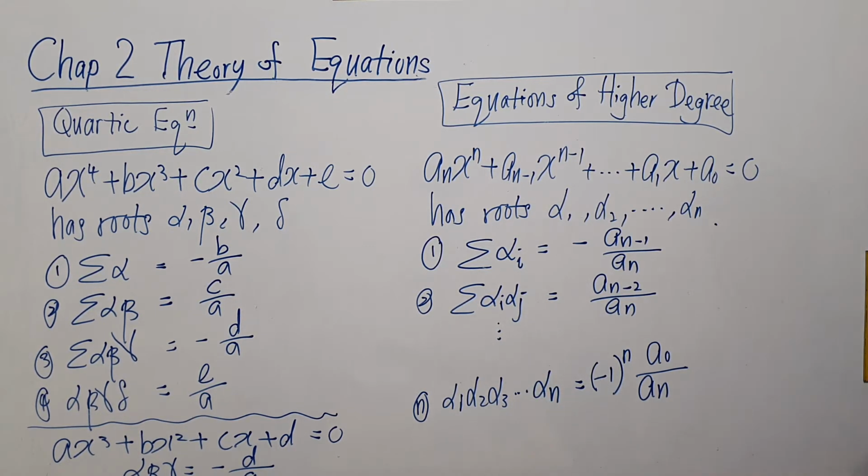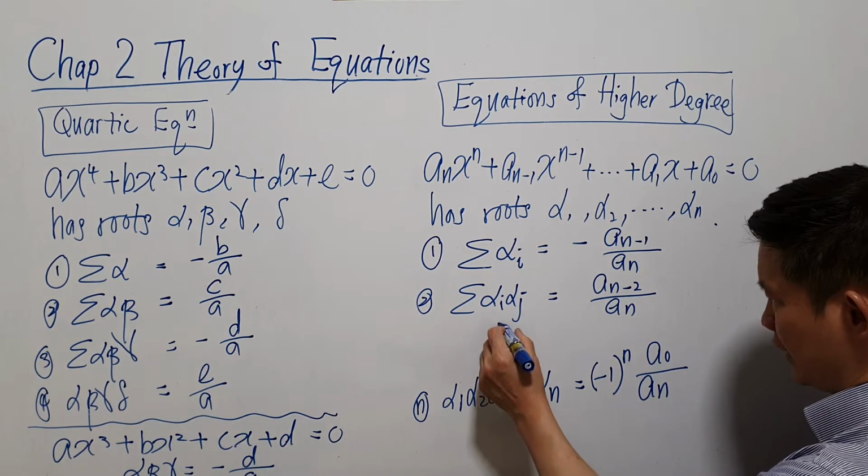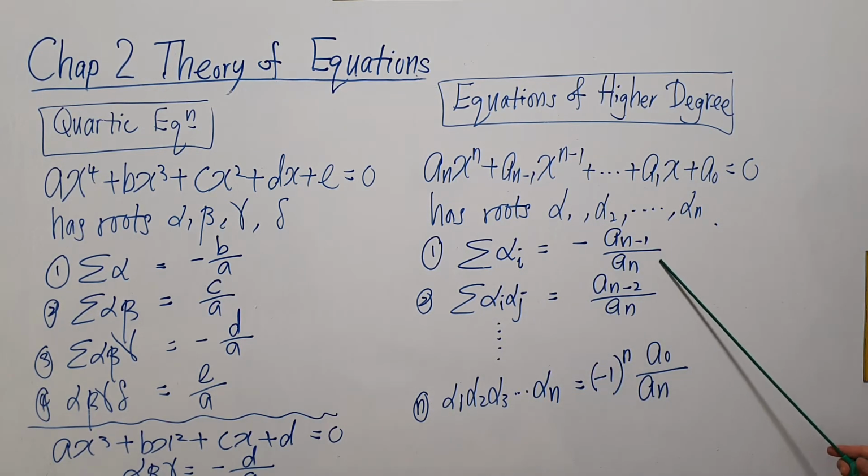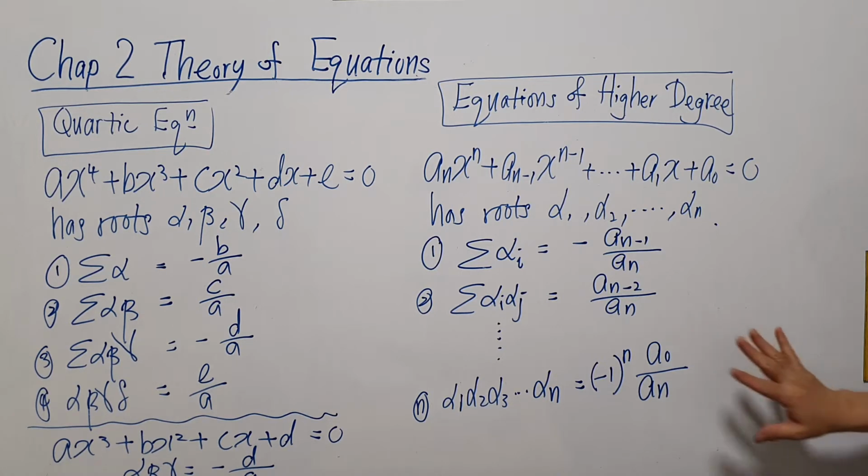But the rest I didn't write down. Your notes wrote down this, one extra. The in between, you can just extend it yourself. This is for degree n. Alright. Then if this is the equation whose roots are these.